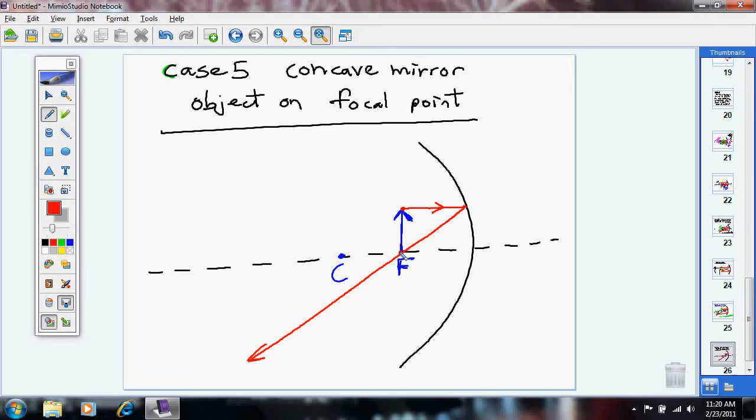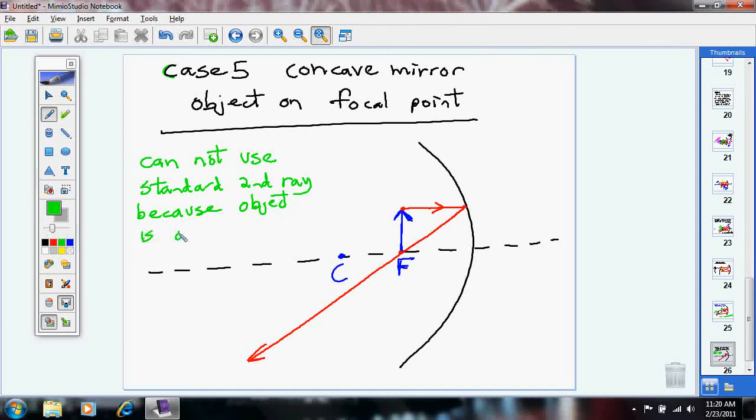So let's write a little side note here. Cannot use standard second ray because object's on F. So you can't leave the head, go through the focal point.